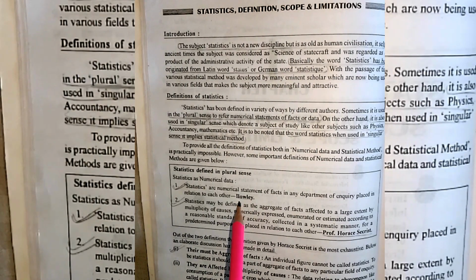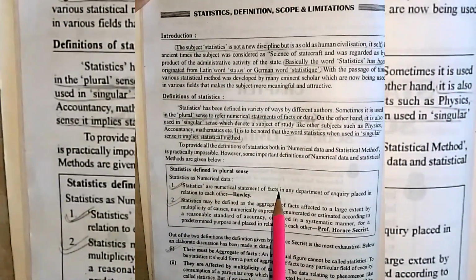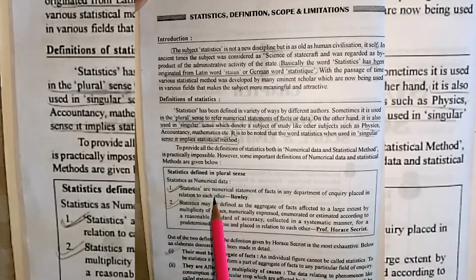Statistics is defined by Bowley as numerical data. Statistics are numerical statements of facts in any department of inquiry placed in relation to each other.